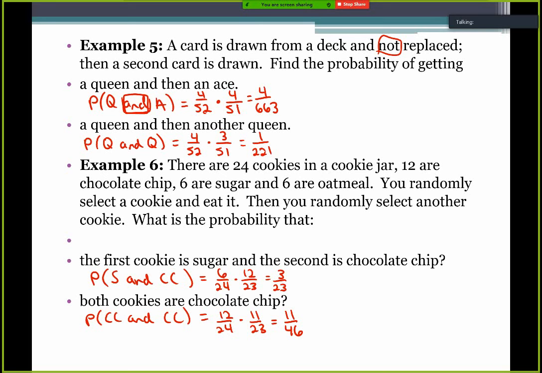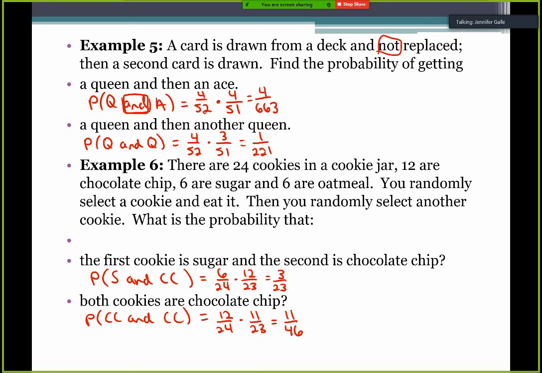Again, today the thing I really want to stress, that keyword and can mean multiplication only if we have 2 or more events. If I'm just selecting one thing, I'm not using multiplication. I could just choose to select one student from this class and I might want to select a female that is a junior.